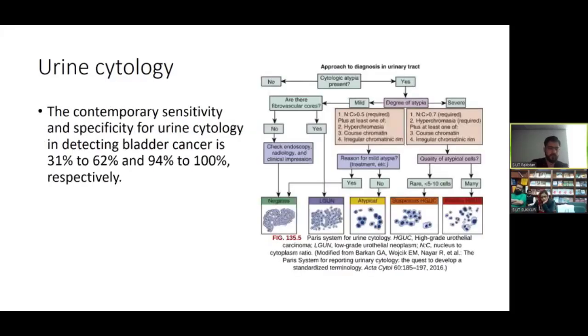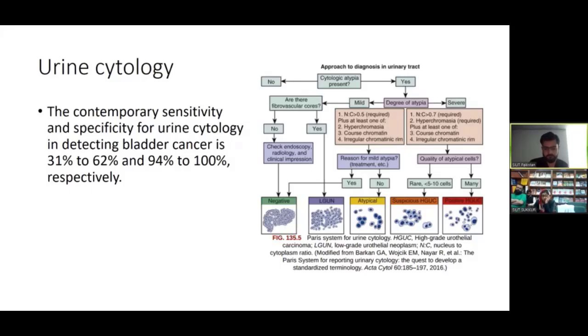So the contemporary sensitivity of urine cytology in detecting bladder cancer is around 31%, and the specificity is 94 to about 100%. So if there is a high-grade urothelial carcinoma cell, there must be a tumor, and we should properly investigate.